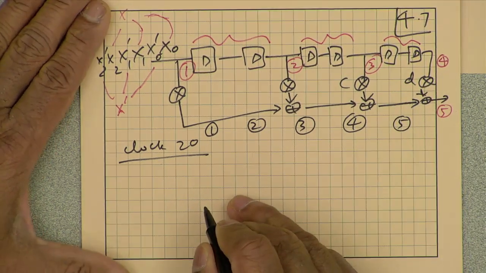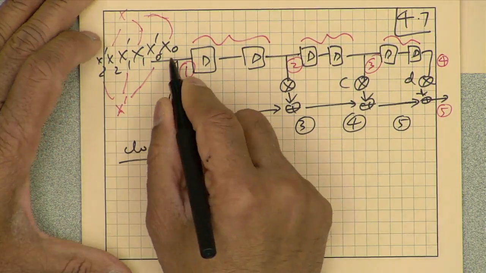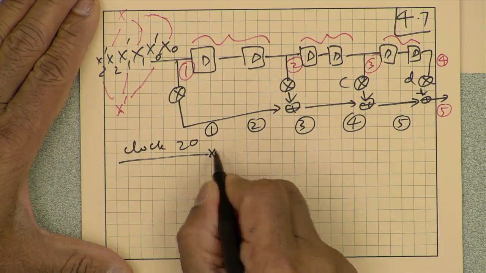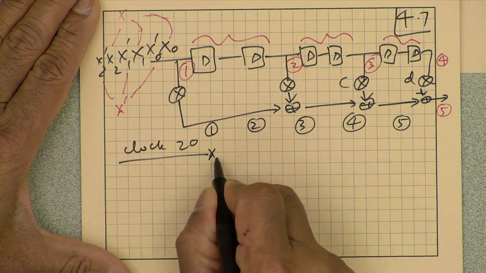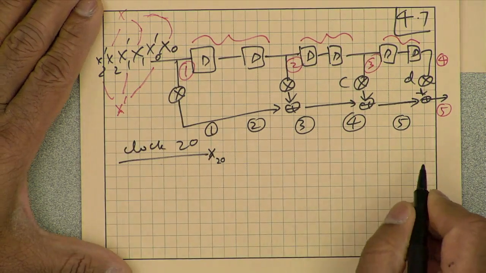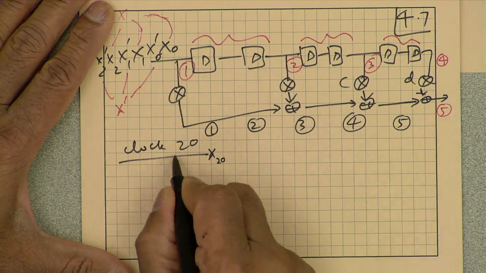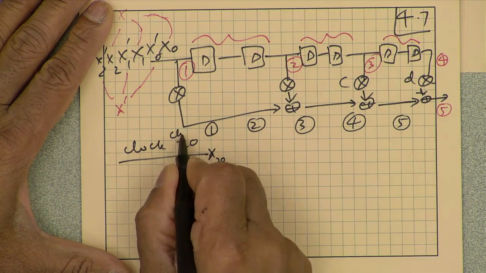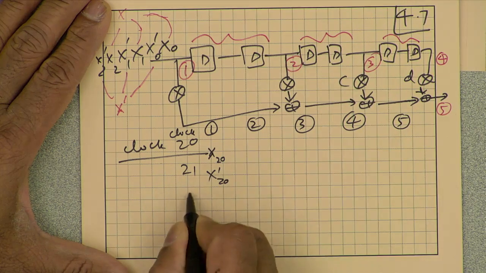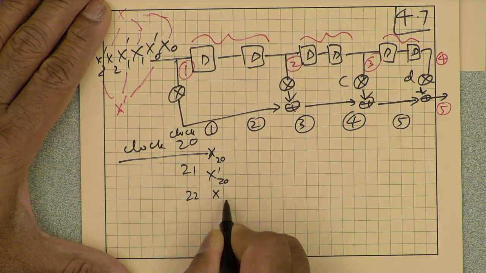So in clock cycle 20, what would be the input here? That would be x20. The input node, which is node number 1, will be x. And clock 21 will be x20'.